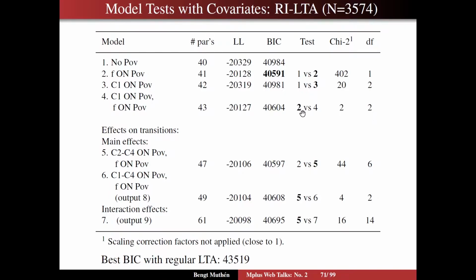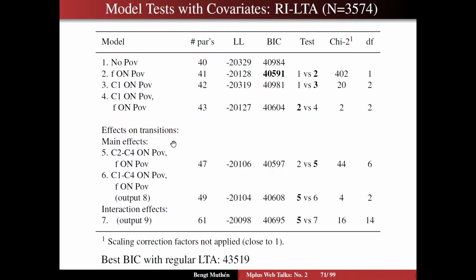So we choose model 2, the bolded model here, in this set of 4 models. And note that none of these models imply any effect of the covariate on the transitions. F and the starting point C1, that effect does not affect the transitions, just the level, so to speak.